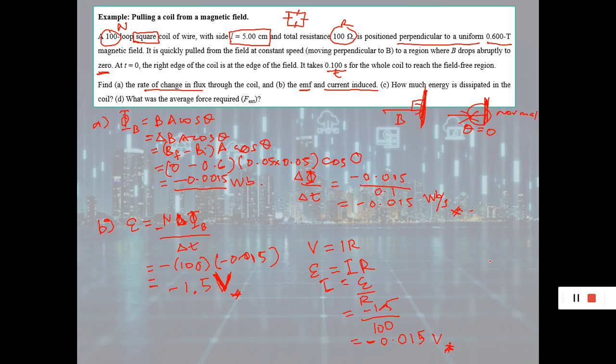So for energy dissipated, for question C, P equals I squared R, where for this one I is negative 0.015 squared, times R, R is 100.